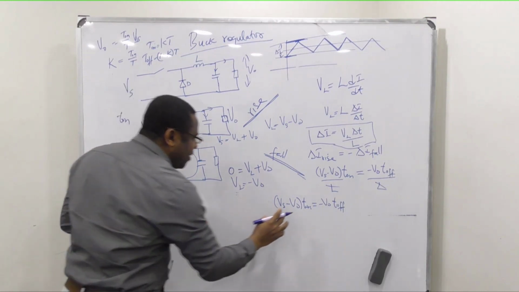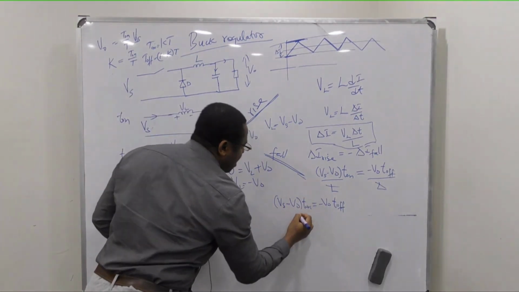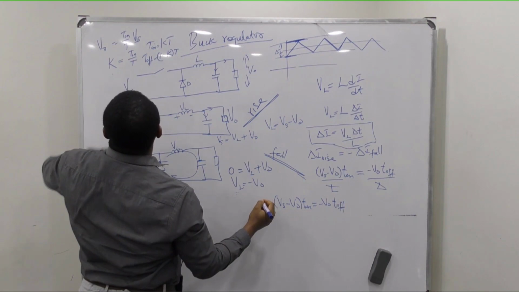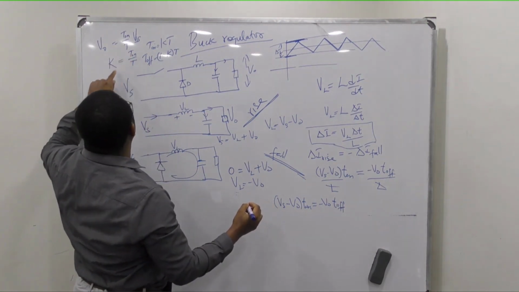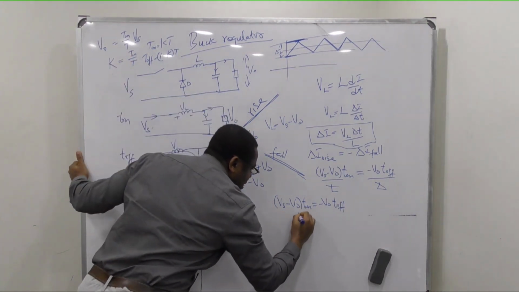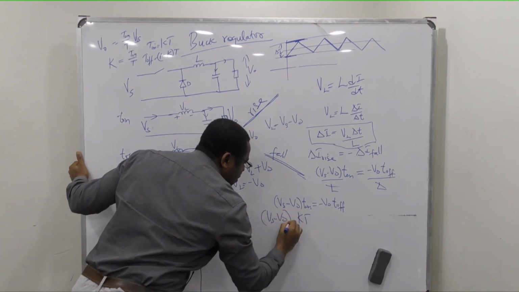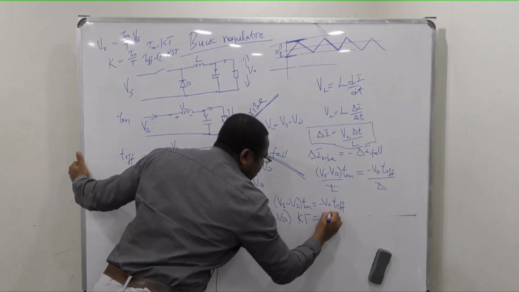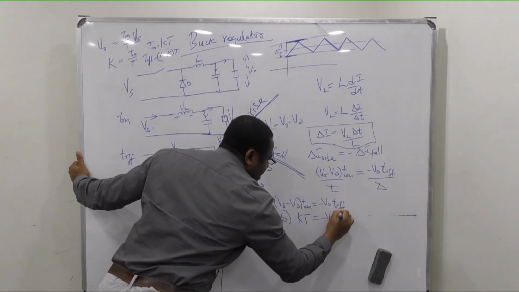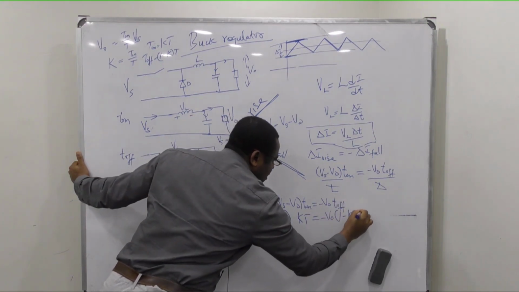All right, so now I can put here KT, right? Time on can be written as KT. So KT times (Vs minus Vo) equals minus Vo times (1 minus K) T.